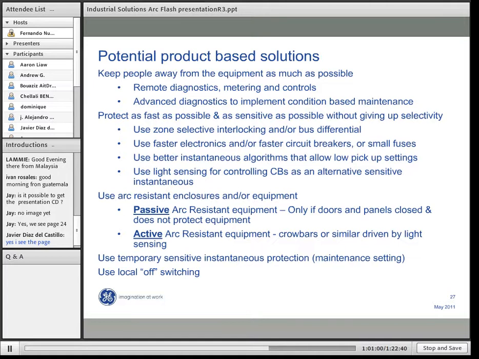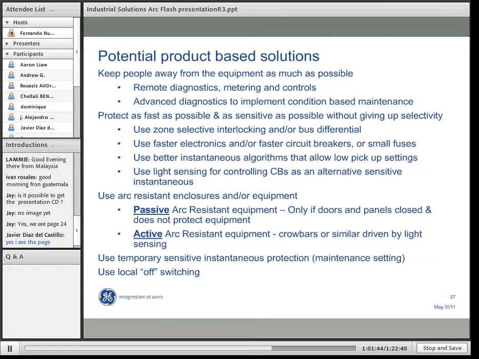And I mentioned remote diagnostics, whereas your meters and controls can be located in another room, and you can do condition-based maintenance. If you can develop a probability that a piece of equipment might fail, then you can proactively go in there and do some maintenance and make sure your equipment is then in good shape so that you're less likely to have a fault.